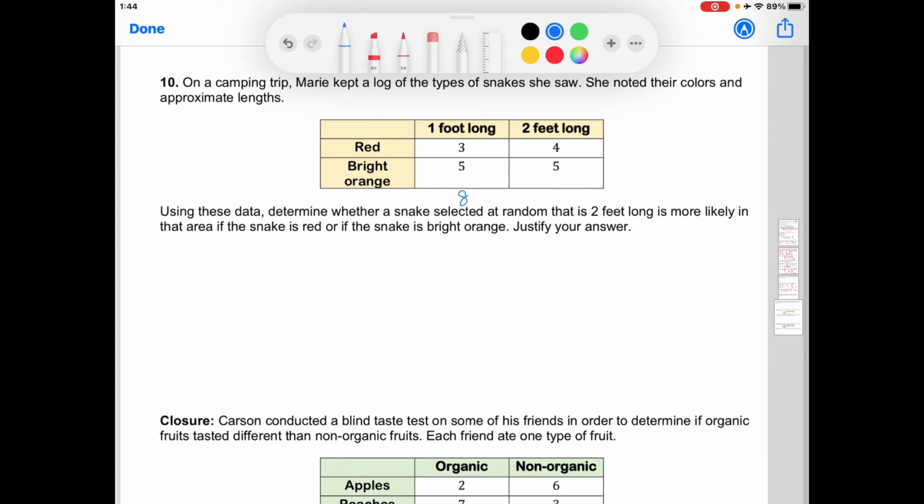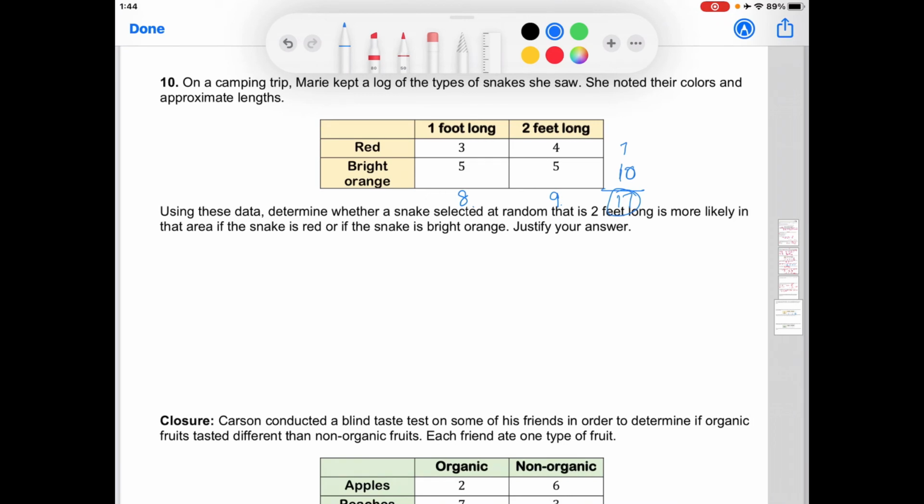So 3 plus 5 is 8, 4 and 5 is 9, 3 and 4 is 7, and 5 and 5 is 10, right? So 10 and 7 is 17, or whether you do 8 and 9, you do end up getting 17. So your sample space, or your n, is 17.